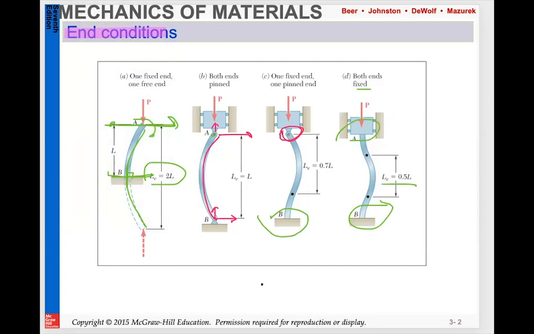Our allowable P is pi squared E I over effective length squared. So basically this number gets bigger when we have different end conditions.